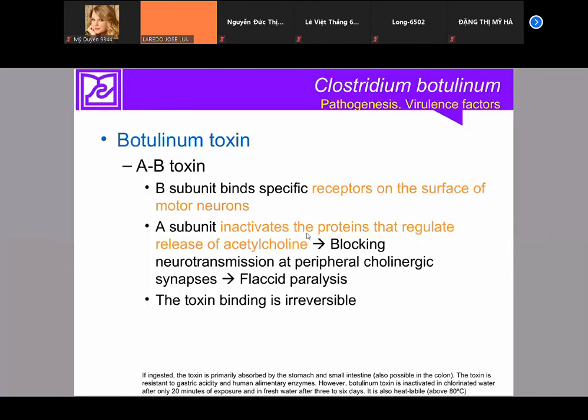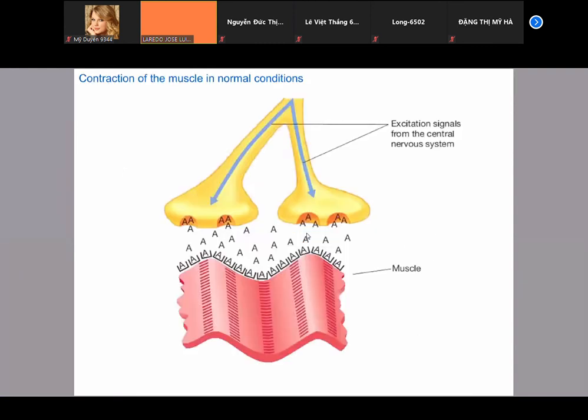We start with Clostridium botulinum. So look, the disease is botulism. I show you here in this picture how muscles contract in normal conditions. This is the muscle and this is the motor neuron.